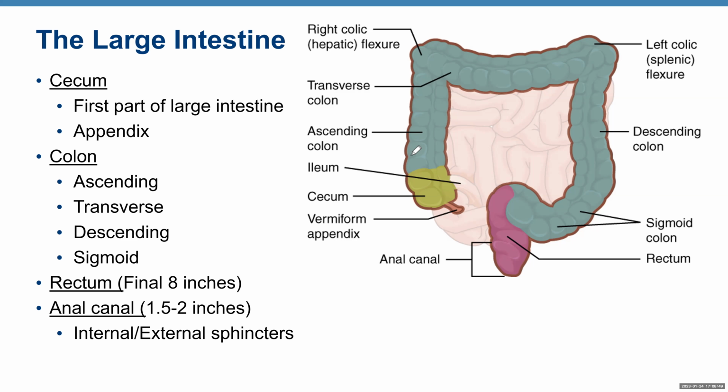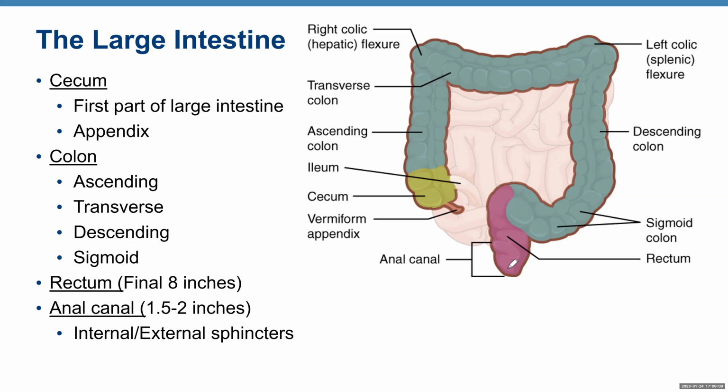Then the colon, divided into ascending, transverse, descending, and sigmoid, that will be this part, and the rectum is the final 8 inches, and the anal canal is 1.5 to 2 inches.